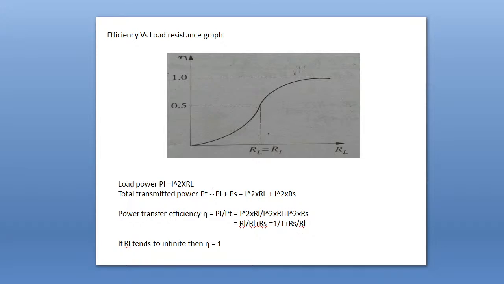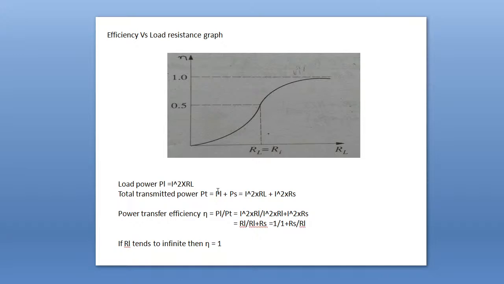So total transmitted power equals PL, load power, plus source power: I squared RL plus I squared RS, where RL is the load resistance, RS is the source resistance, and I is the current in the circuit. And efficiency is the ratio of load power to total transmitted power.